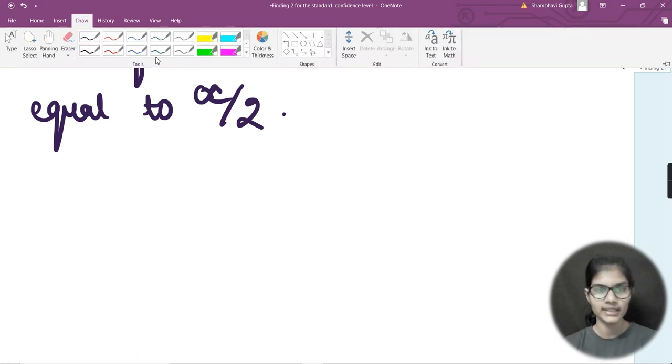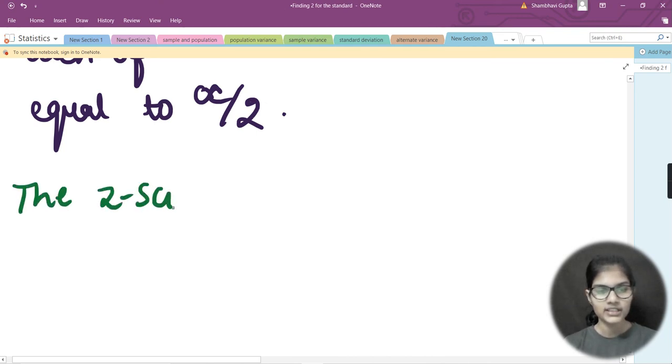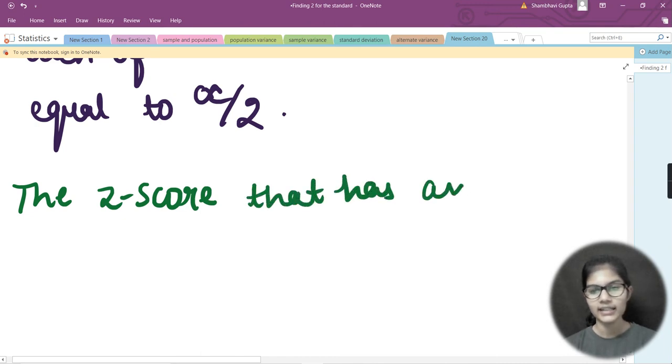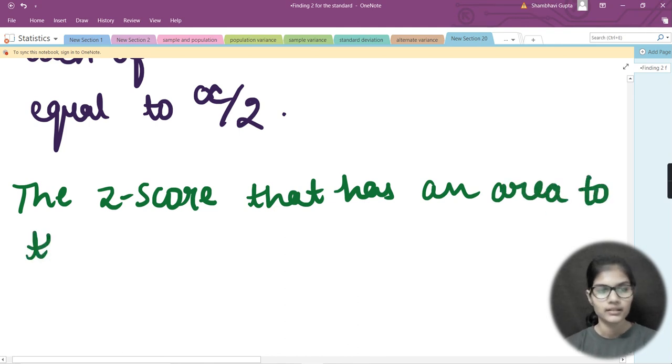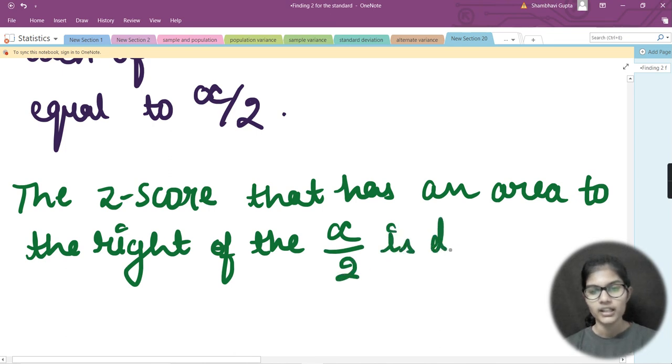Now talking about the Z score, I would again take a different color. The Z score that has an area to the right of alpha by 2 is denoted by a symbol.